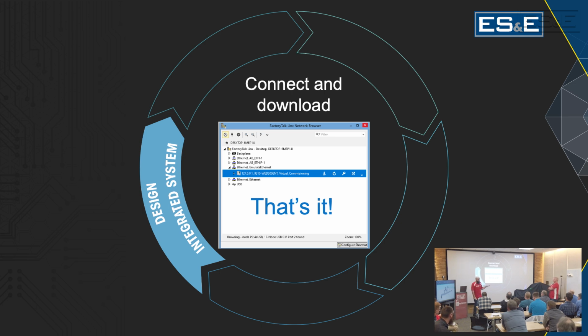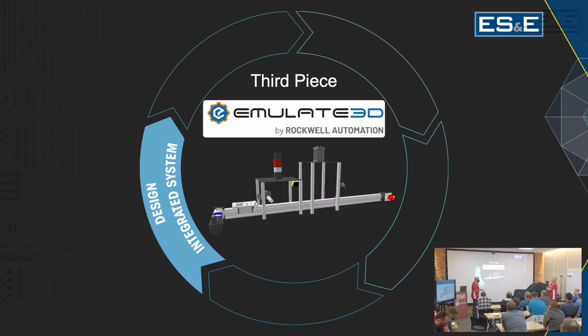That's really all there is to it. It just works. It's a really nice tool. So that's the second piece. Like I said, an understated piece of this, but an important part of having your fully functional digital twin. And then the third piece is your model.